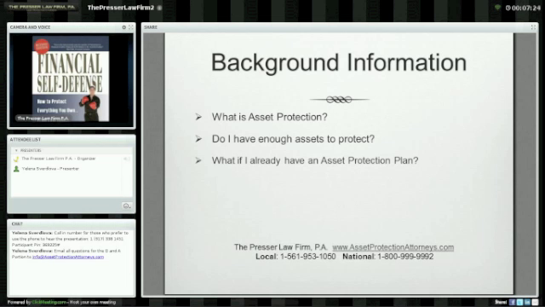The assets we protect might be as simple as checking, savings, stocks, bonds, CDs, money markets, brokerage accounts. But it's also primary homes, rental real estate, vacation homes, cars, planes, boats, even shares in a corporation or membership interest in LLCs.